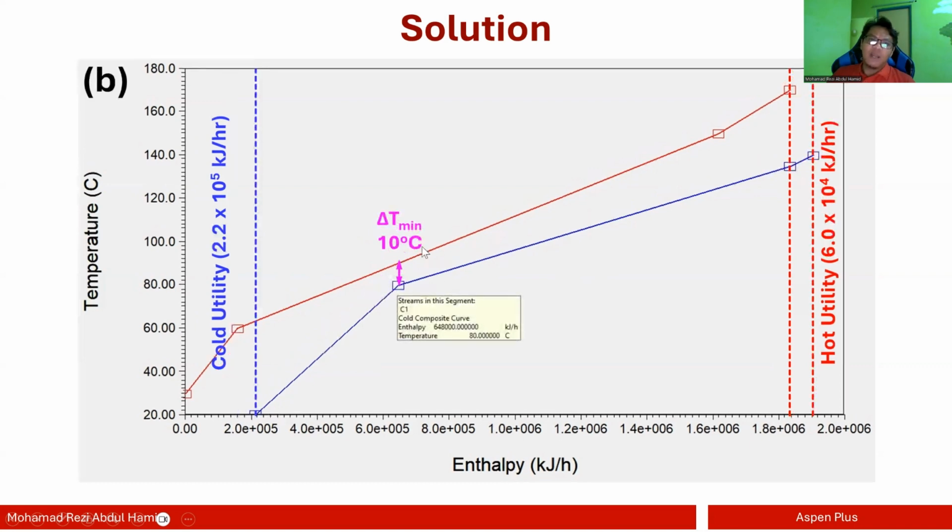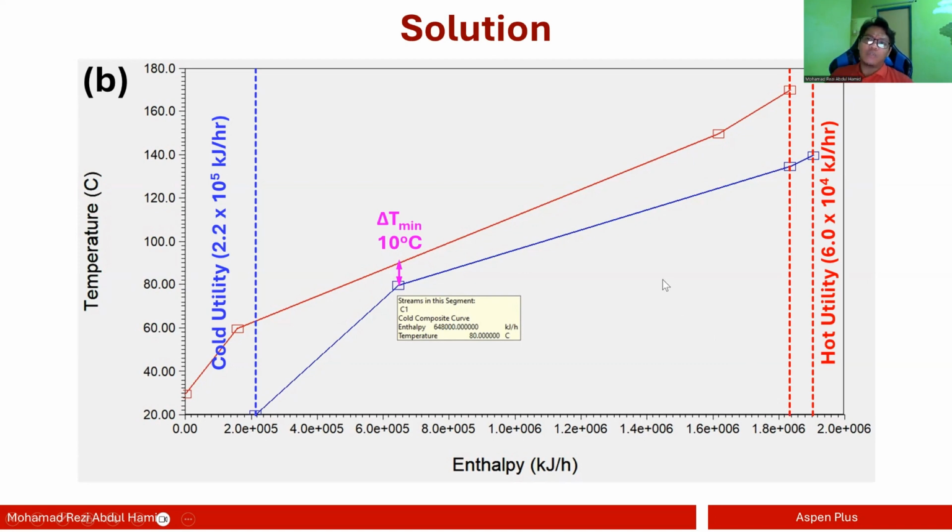Now we check the other one, where we set delta T minimum to 10. This becomes much larger, and the cold utility requirement becomes bigger. From here to here, it is around 6 times 10 to the power of 4 kilojoule per hour. So recoverable energy is between here and here.